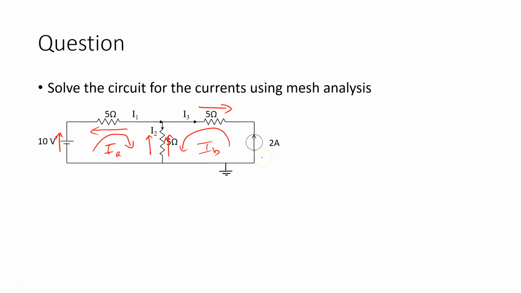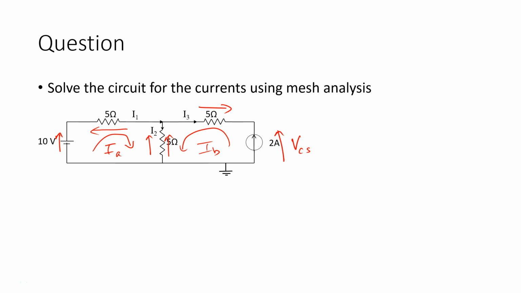And I have my 2 amp source here. Since it is a current source, I don't know what the voltage is across it, so I could define it in any way I want. I'm just going to define it in this way and call that VCS. So I have all my elements defined now, and I have to start writing my equations.